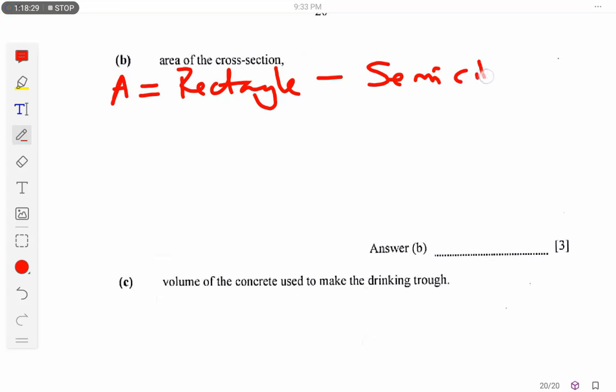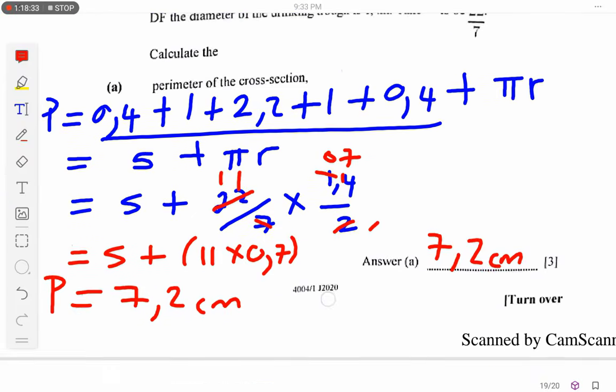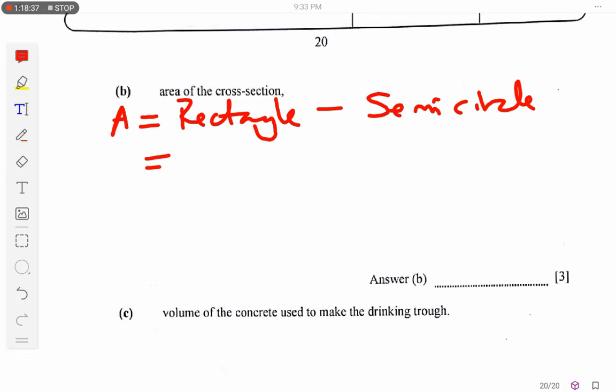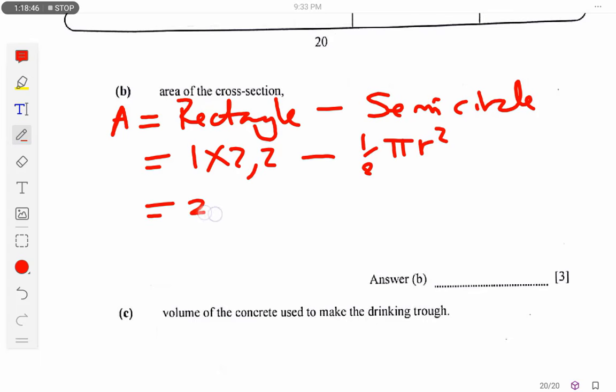Okay, so for the rectangle, my length and my width is 1 times 2.2. Yes, I have 1 times 2.2. Then here I've got minus half of pi r squared. So here I get 2.2 minus half, pi 22/7, r is 0.7 times 0.7 there.